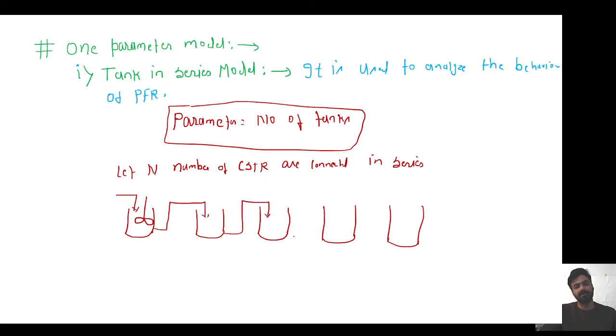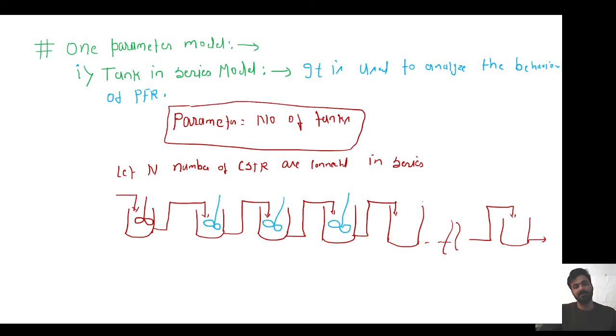Again here it will be coming in this way, again in this way, again here, and there will be n number of CSTRs, and here it is the outlet. CSTR is well known for continuous stirring as well as uniform mixing, so there will be a stirrer over here.